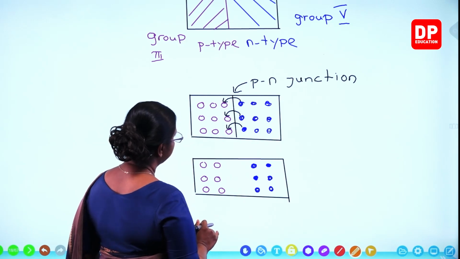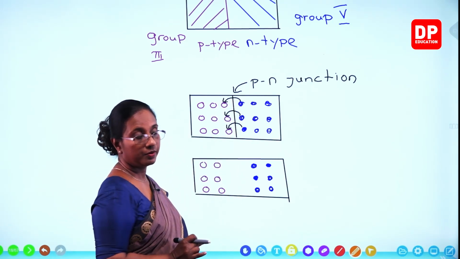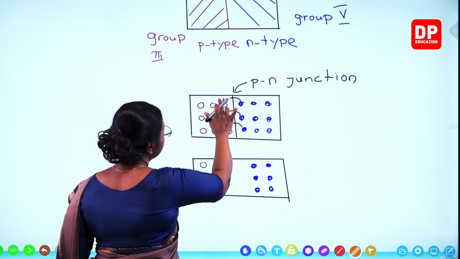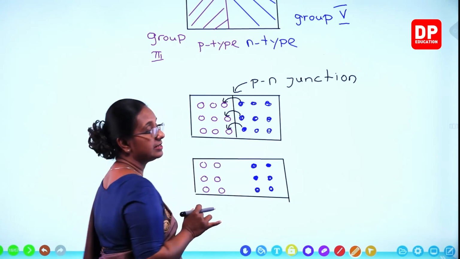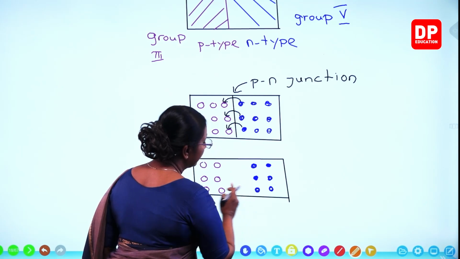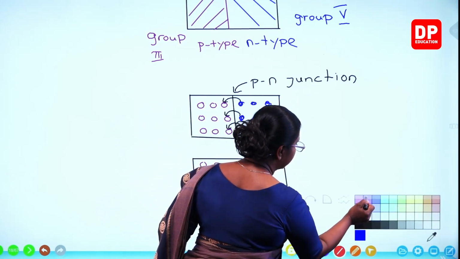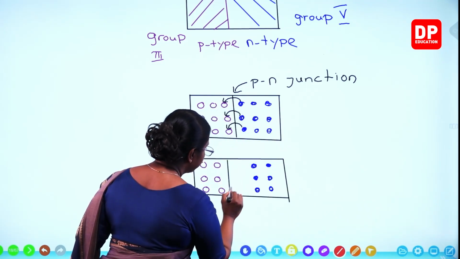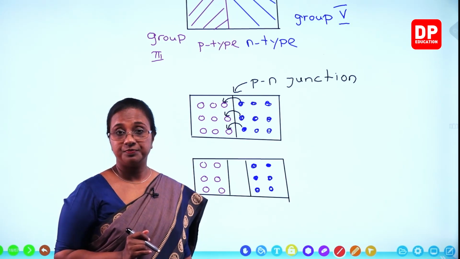But this area where there were holes is neutral now. At the same time, because the electrons jumped from here to here, there is a vacancy for electrons there. That also becomes a neutral region. So there will be a region, this particular region, that becomes neutral.